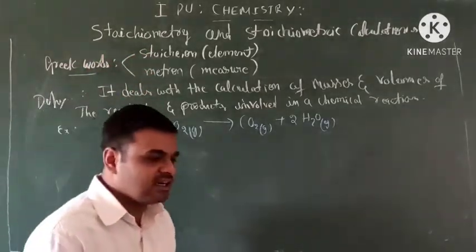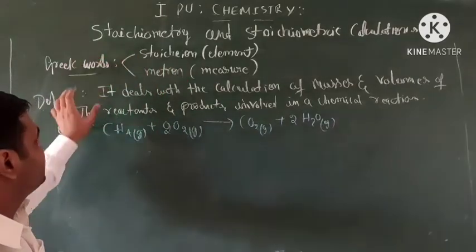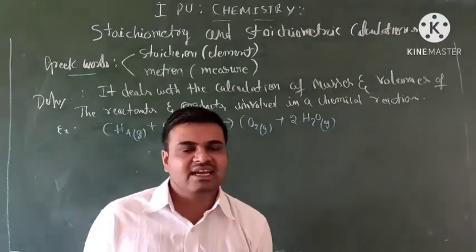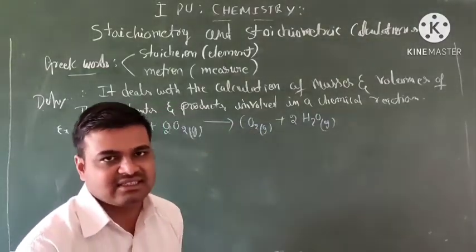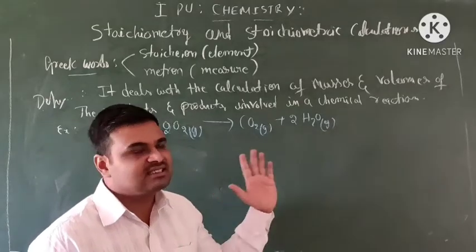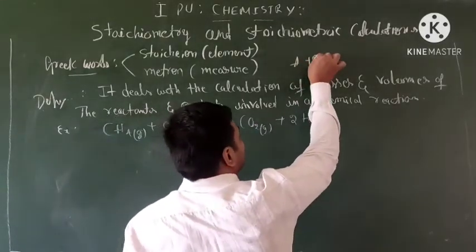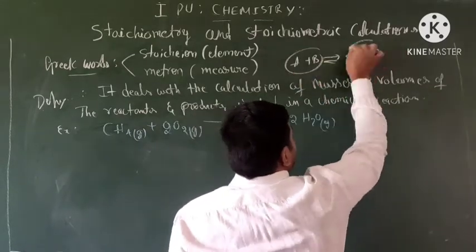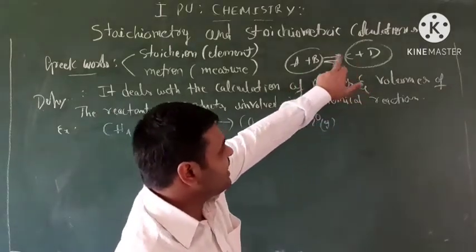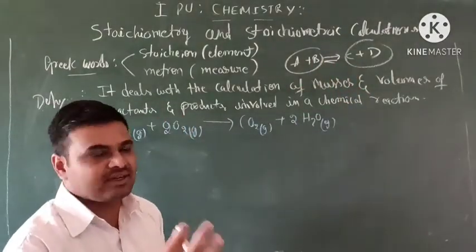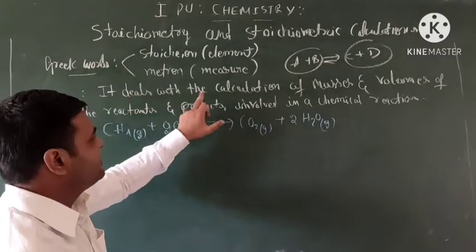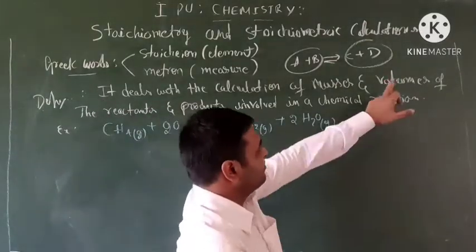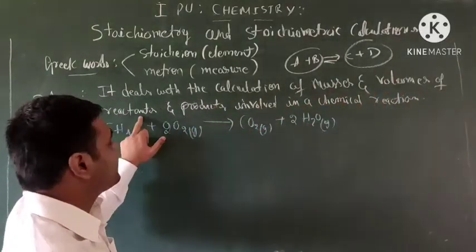What is the definition of stoichiometry? It deals with the calculation in chemistry of chemical reactions. The chemical reaction is always a balanced chemical reaction, like A plus B gives C plus D. Both sides are balanced. So the definition: it deals with the calculation of masses, sometimes volumes also, of the reactants.